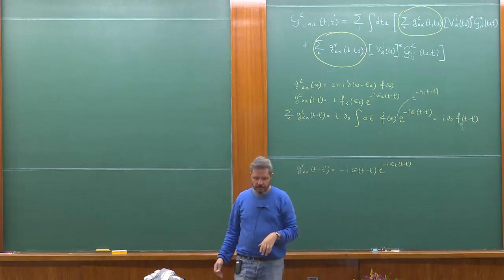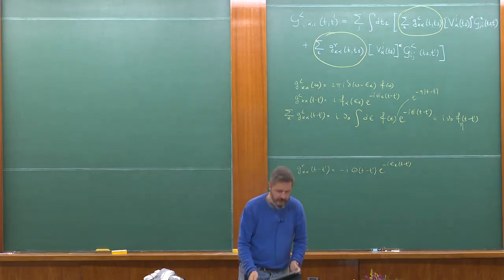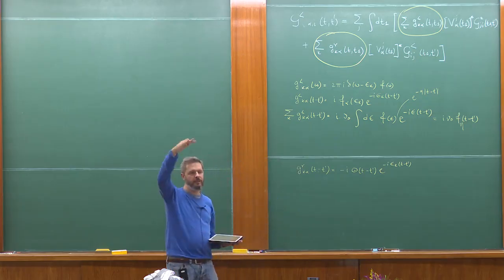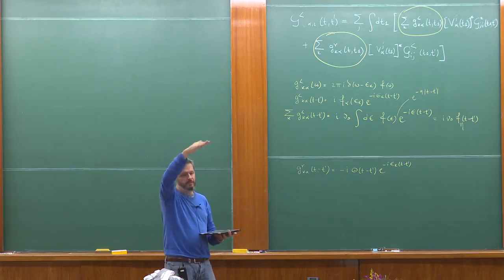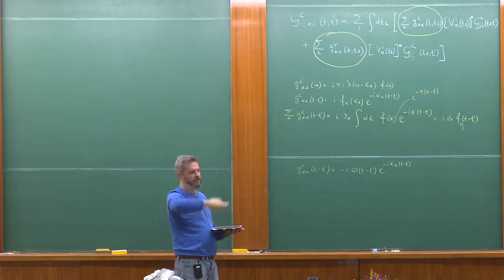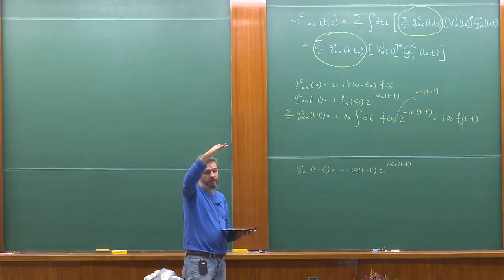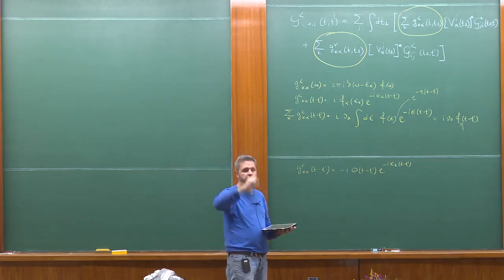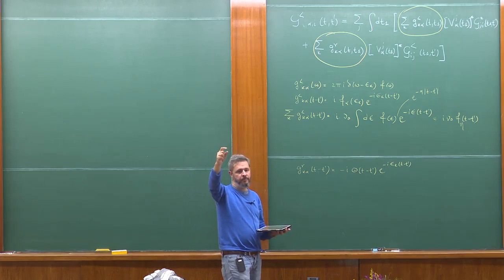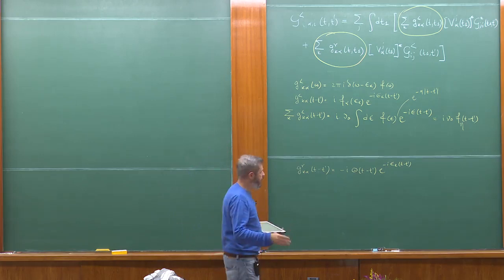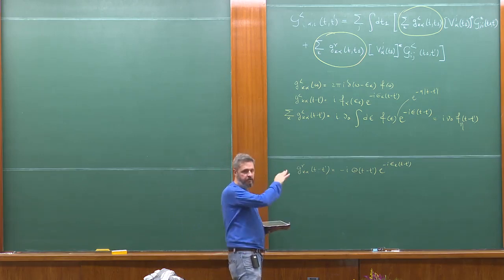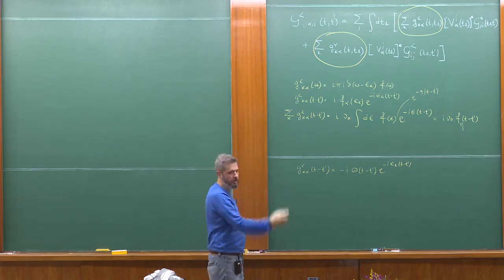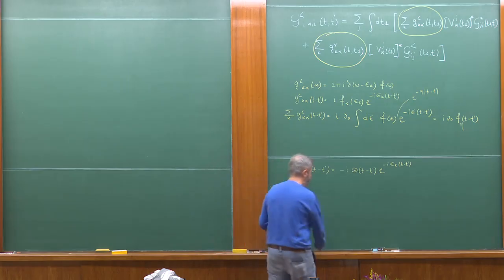But at the end of the day, you will need to worry about the fact that your final result is independent of the bandwidth, which is going to be correct provided that the temperature is much smaller than the bandwidth, right? So at the end of the day, yeah, you're right. If you put the bandwidth there and you don't take a constant density of states, you don't need the regularization. Absolutely.